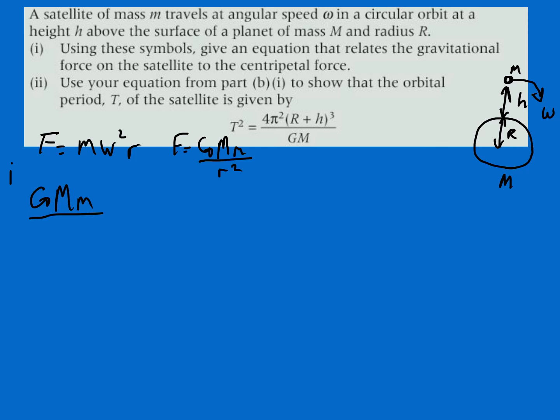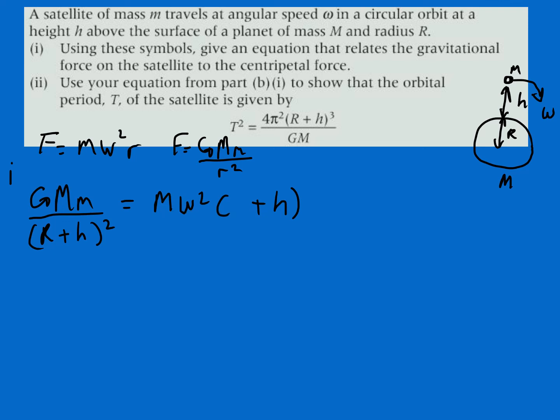Remember r is the separation between the two, so it's going to be capital R plus h, squared, equal to m omega squared, and the radius again in this is R plus h. That's our expression.